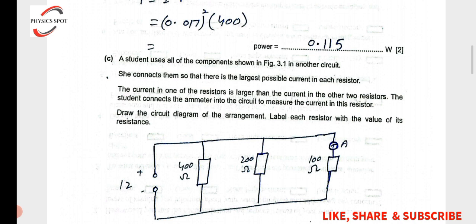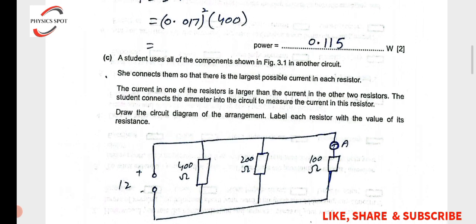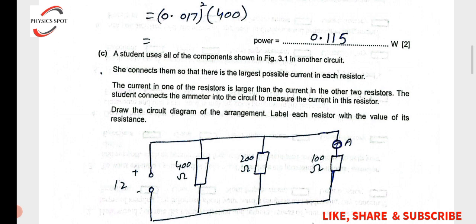So the current in one resistor is larger than the current in the other two resistors. The student connects the ammeter into the circuit to measure the current in this resistor. Draw this circuit diagram, labeling each resistor with the value of its resistance. As in this statement, it is clear that the value of current through each component is not the same. In one component the value of current is largest and in the other components there is a different value.